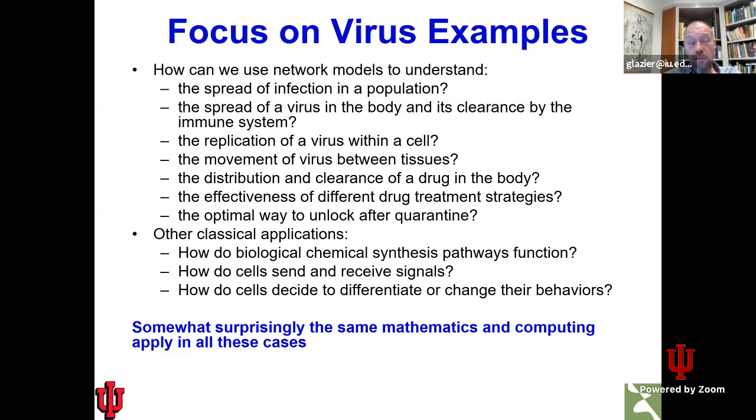One of the things we may be able to address, there's some very good papers by Alan Perlson, is the effectiveness of different drug treatment strategies. If you use remdesivir, how frequently should you give it? When should you give it? These are kinds of questions that can be addressed with this kind of modeling, and they're used in industry to design optimal treatment strategies.